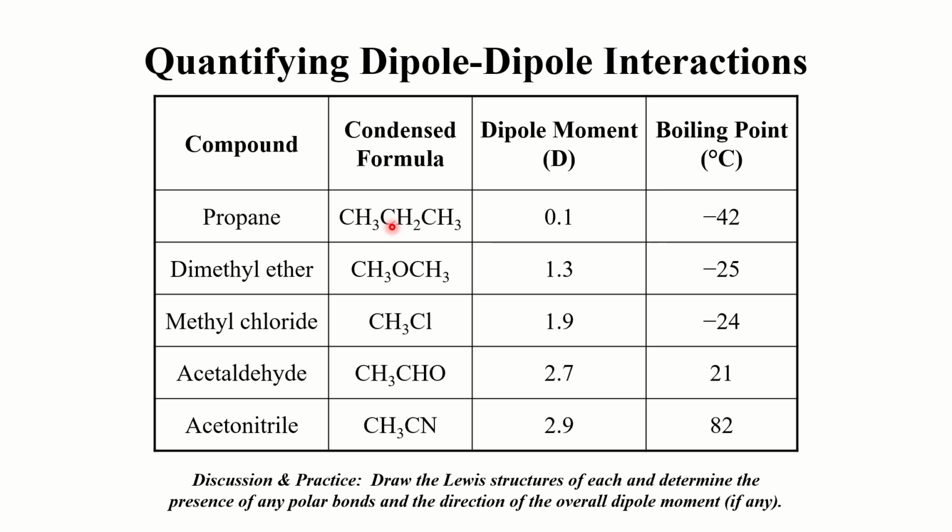Carbon and hydrogen have roughly the same electronegativity, so their bonds are nonpolar, and the geometry is going to be completely symmetric. So this molecule is completely nonpolar. So we can see basically a dipole moment of 0. So it's a nonpolar molecule. We can also see we've got a pretty low boiling point. And we're going to see in a little bit the relationship between IMF strength and boiling point.